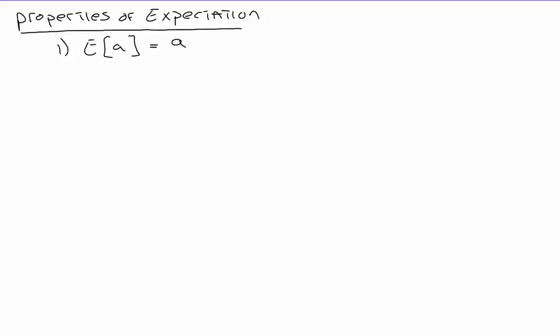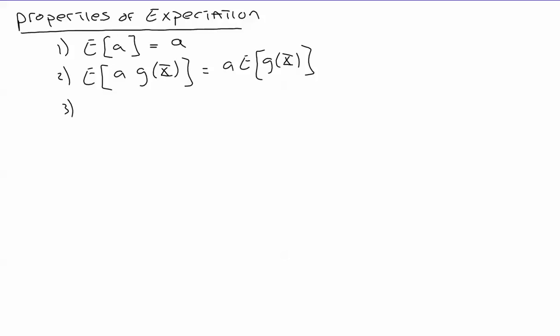Second property: the expected value of a constant times a function is just the constant times the expected value of that function. And the third property is that the expected value of a sum of functions is just the sum of the means.